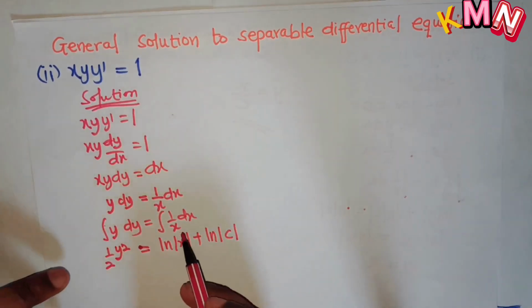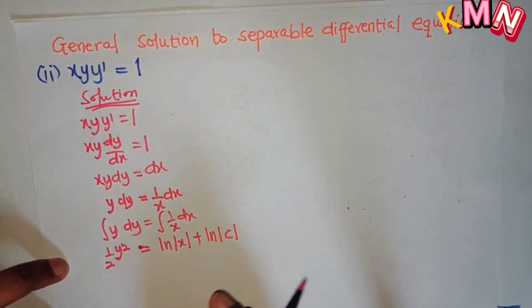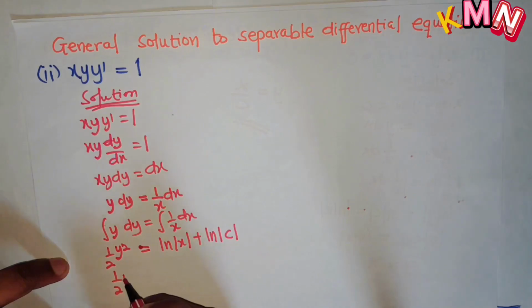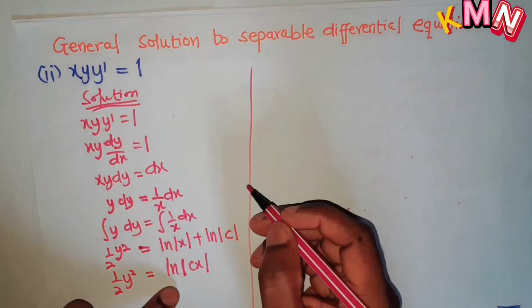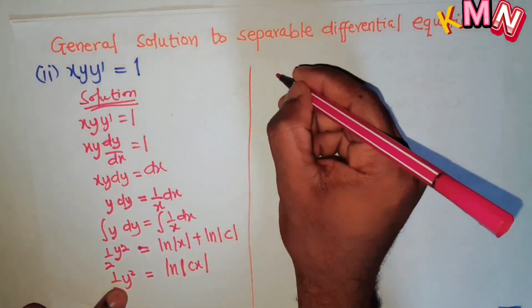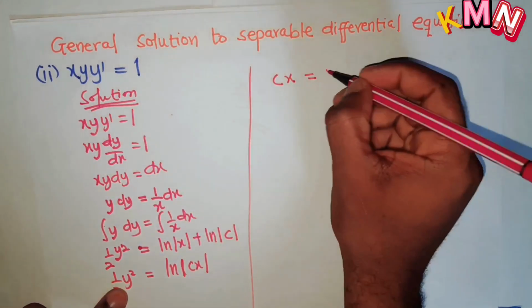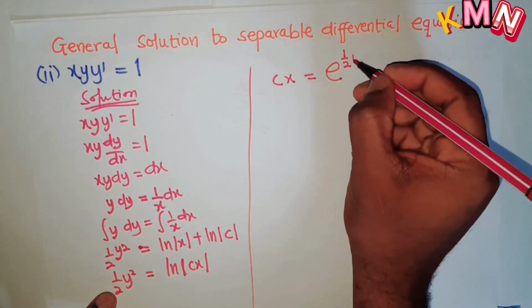As I told you, because there's a ln, we need to bring in ln c so that we can easily manipulate it. So we have half y squared equals this, and this will give us ln of cx. Taking out the ln, we introduce e to the power of whatever we have here. So that will give us cx equals e to the power of half y squared.